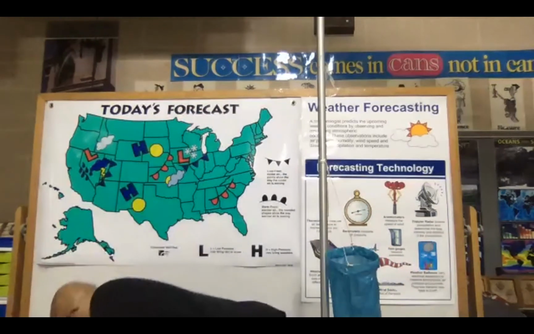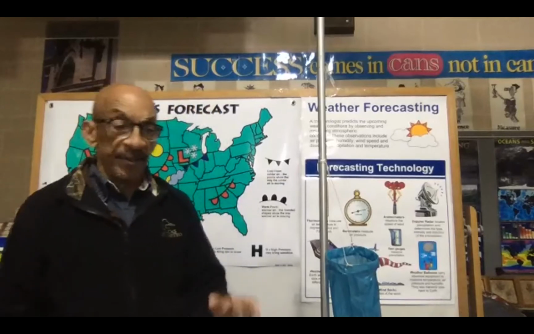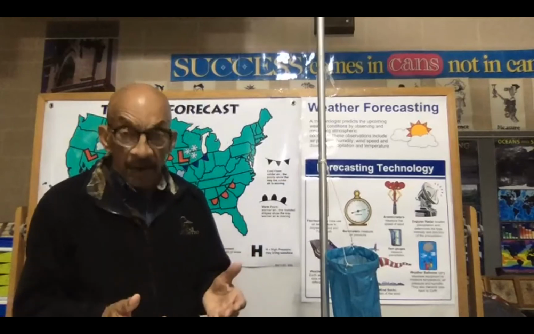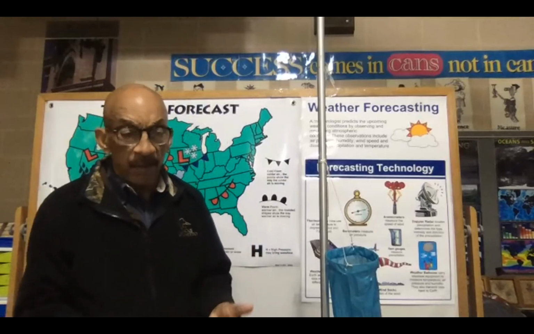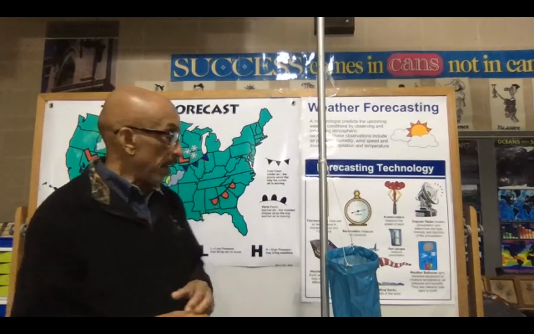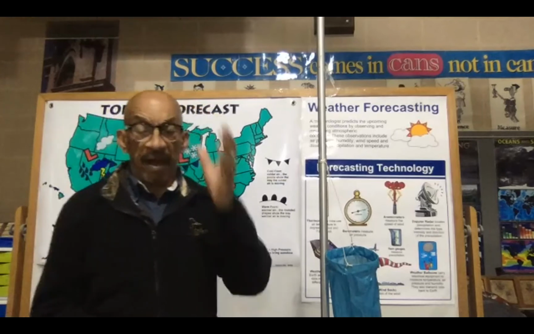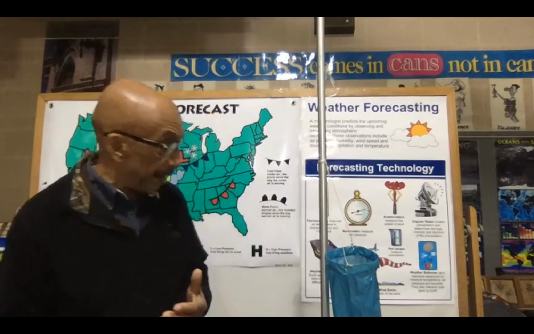Now, there are other objects or other instruments that meteorologists use. For example, they got dials that would measure how heavy the air is. That's called a barometer. And one of these days, you might learn a little bit about that, but in the upper grades. They also use weather balloons that they release into the atmosphere, the air bubble around our planet.